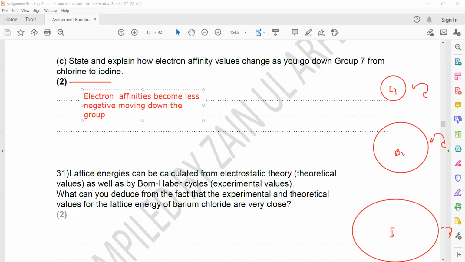And what is the reason? As electron is added further from the nucleus, or we can say more shielding effect.